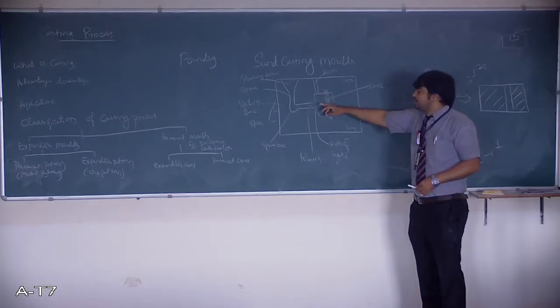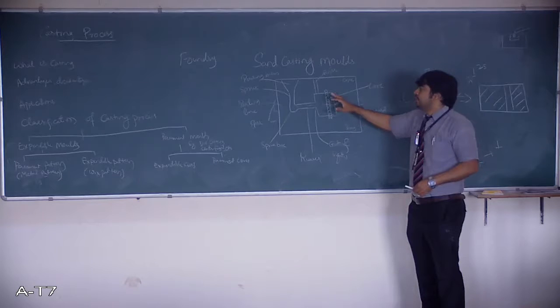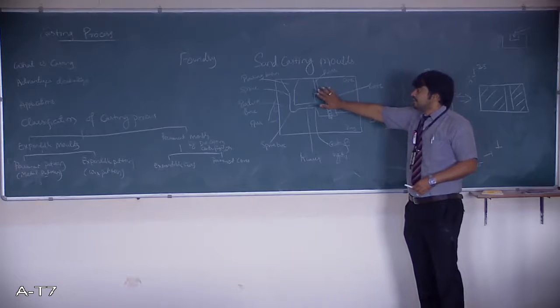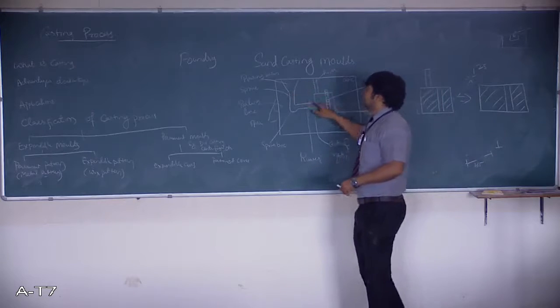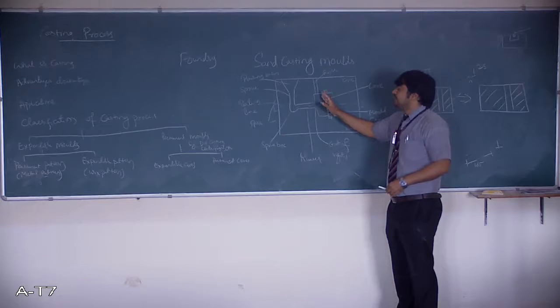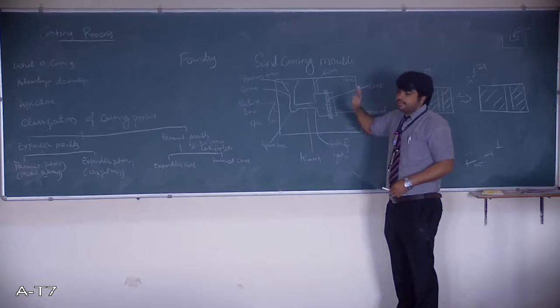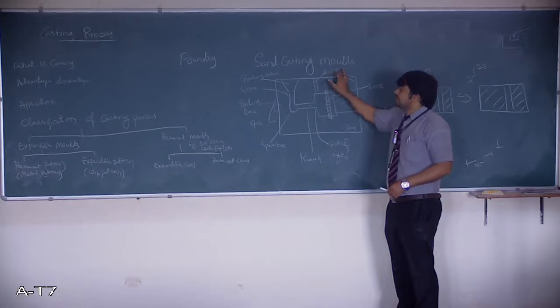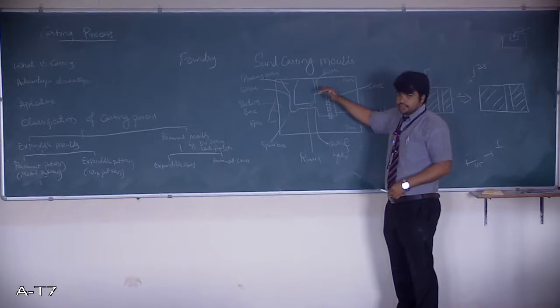In order to make sure whether this mold cavity is filled or not, we make use of another component called a riser. These are all hollow channels. After the molten metal fills the mold cavity, the molten metal is going to come out from the riser. Please remember, this is the last part that is going to get solidified. This not only helps the person who is pouring to see whether the mold cavity is filled or not.